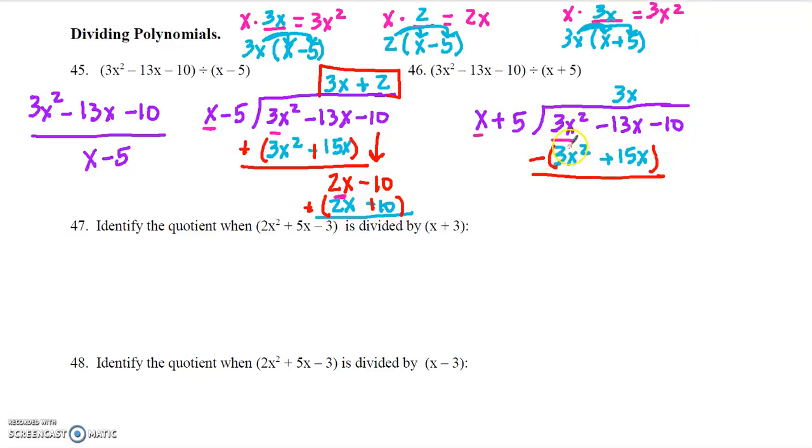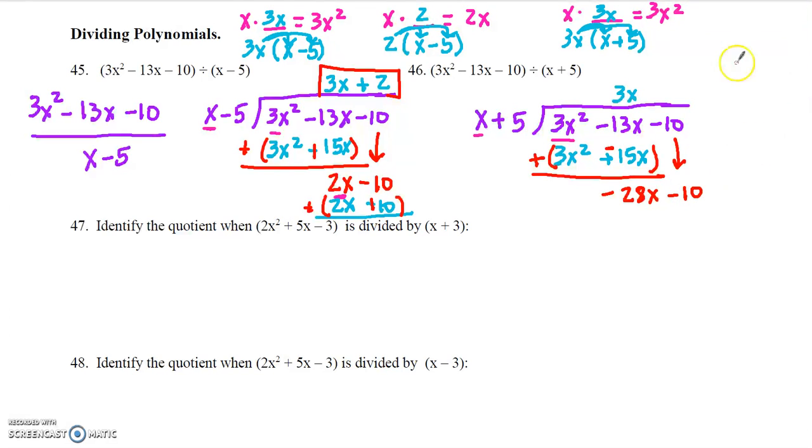That's gone. And I've got negative 13x minus positive 15x. Again, if I do keep, flip, change, I'm going to keep, I'm going to flip, I'm changing. So now I have negative 13x minus 15x. I'm going to end up with a negative 28x. Bring down my next term, which is a negative 10.